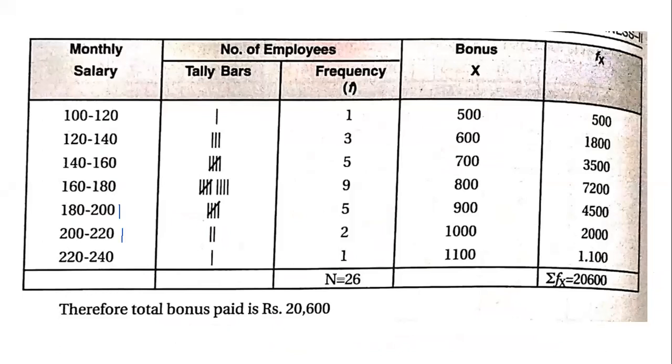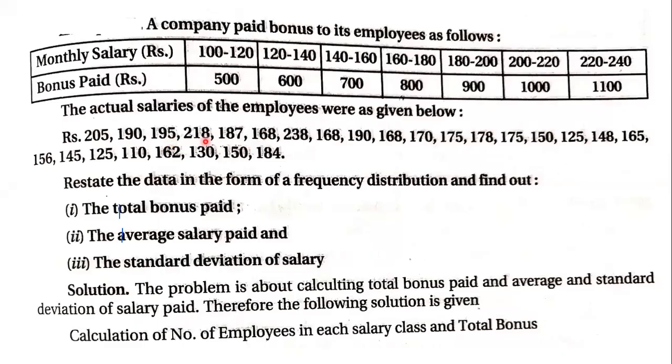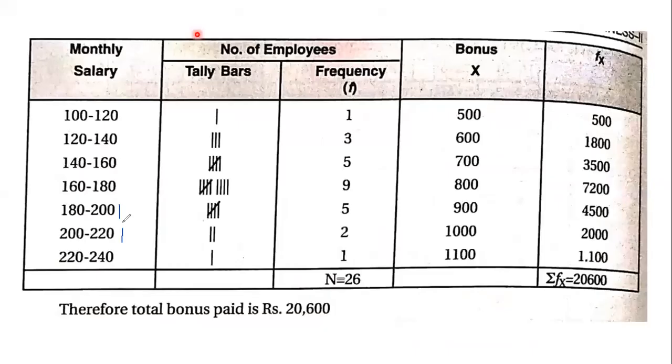Then the next number, 195, again can be considered under this class only, and then 218 will again be in the next class, that is 200 to 220.